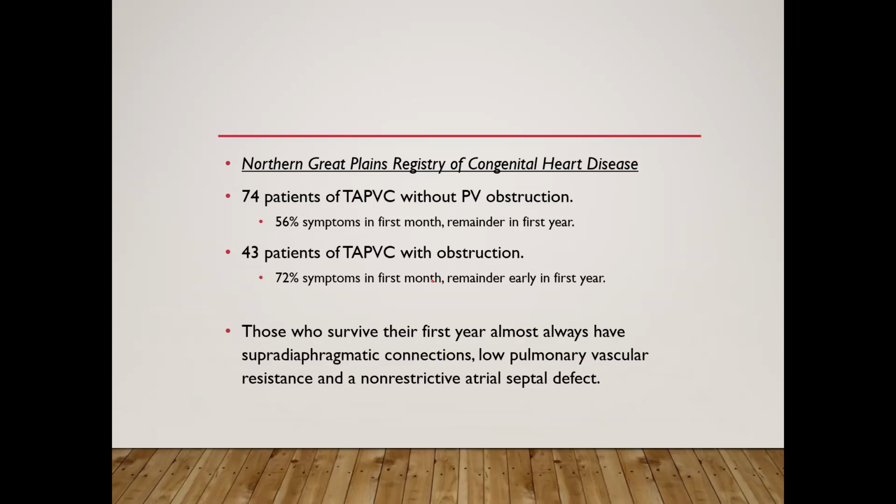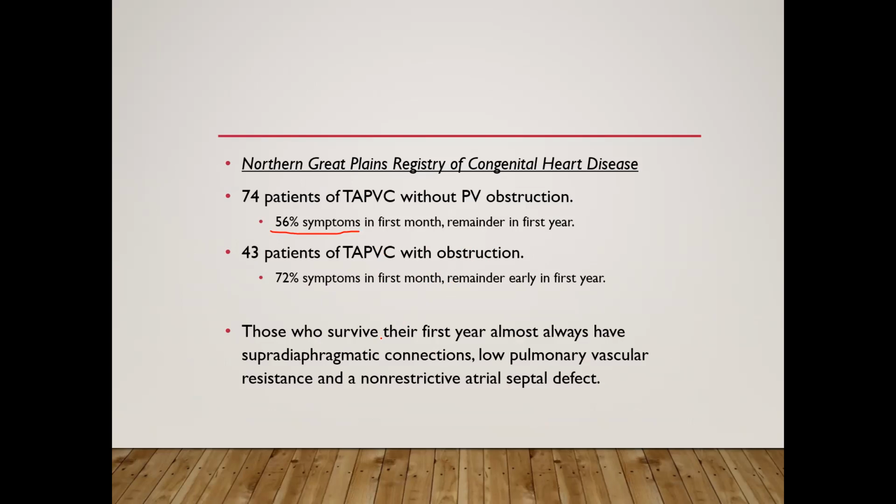The Northern Great Plains Registry of Congenital Heart Disease showed 74 patients of TAPVC without pulmonary vein obstruction. There were 56% with symptoms in the first month, the remainder in the first year. Whereas with obstruction, there were 72% with symptoms in the first month, the remainder early in the first year.